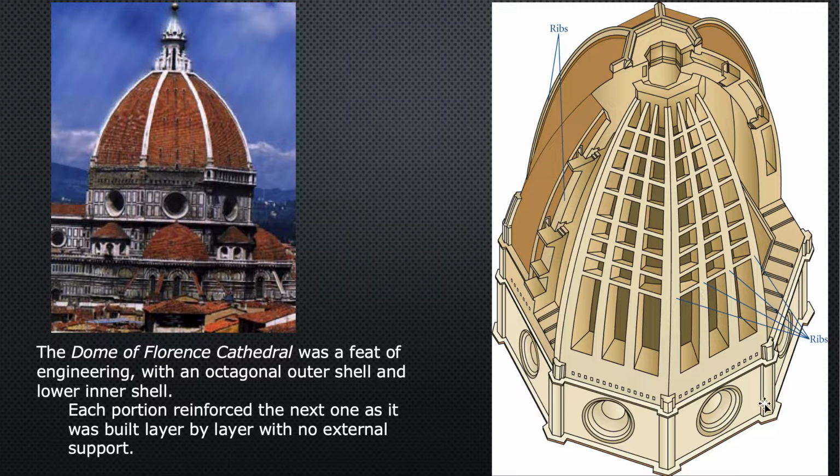So there's two different shells. Each portion reinforced the next one as it was built layer by layer with no external support. And it's also sort of constructed on the principle of Gothic rib vaulting. So if you think of it like that, it might help. Anyway, it's still standing today, obviously.